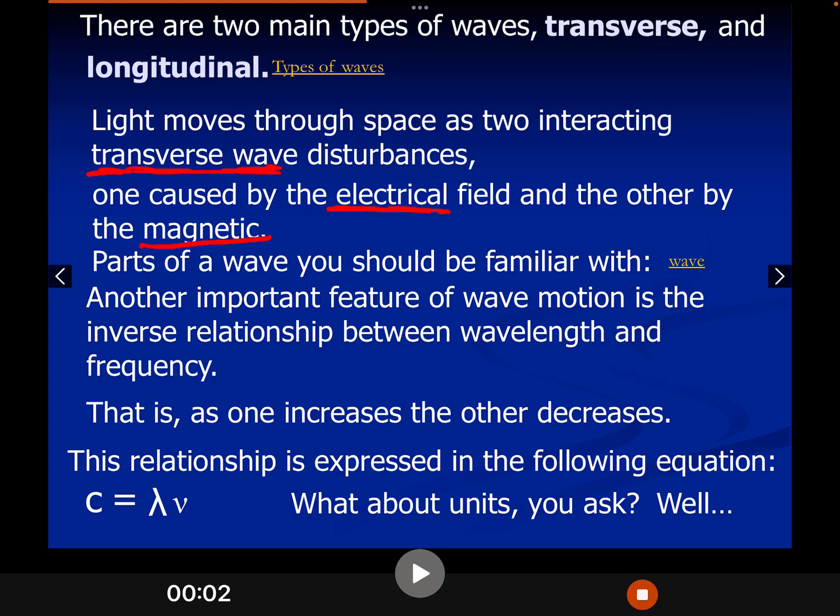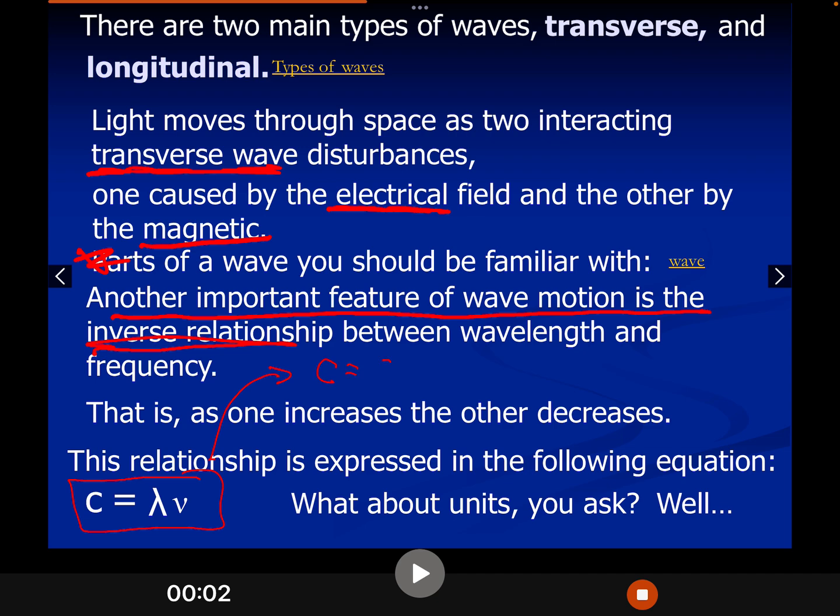I'm going to go back now. So we did the parts of the wave. Another important feature of wave motion is the inverse relationship. And here is an equation you will need to know. C equals lambda, which is wavelength, and nu. I'm going to write this up here.